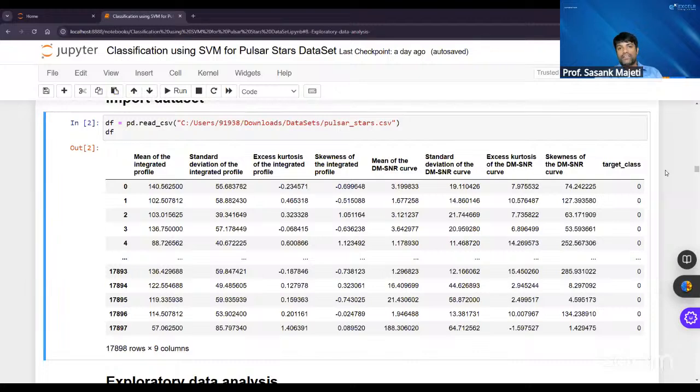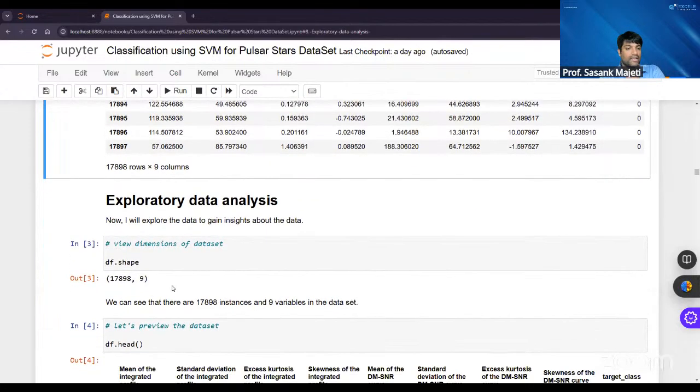So we have seen the importing of the data set. I think after that I've stopped. So let us go forward with the project. Okay. So let us try and finish off the project.